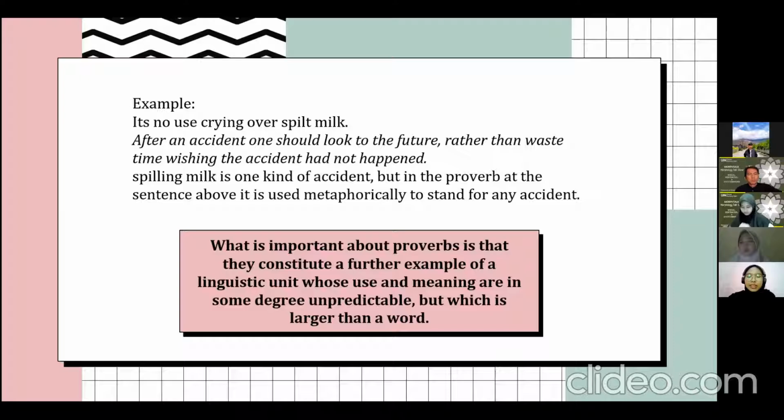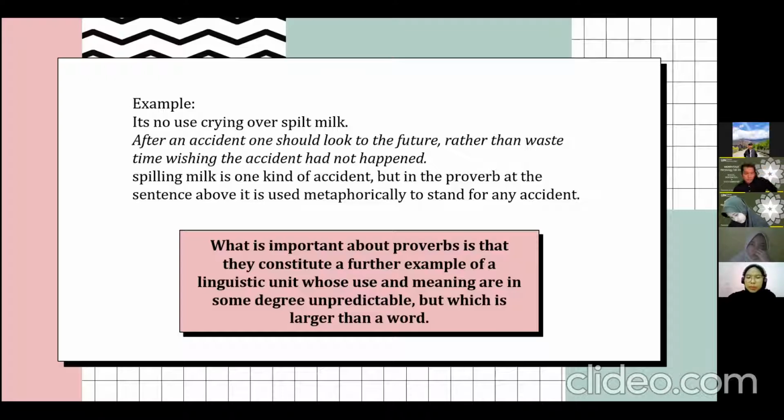So it has a meaning: after an accident, one should look to the future rather than waste time wishing the accident had not happened. Spilling milk is one kind of accident, but in the proverb above it is used metaphorically to stand for any accident.